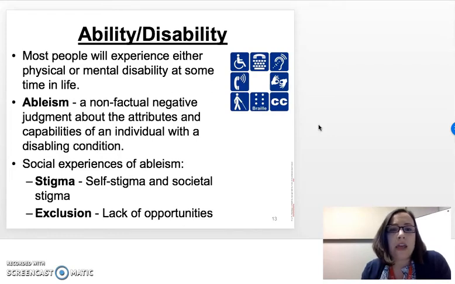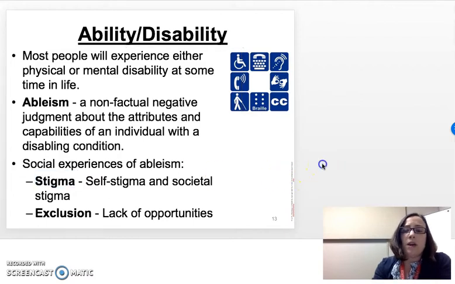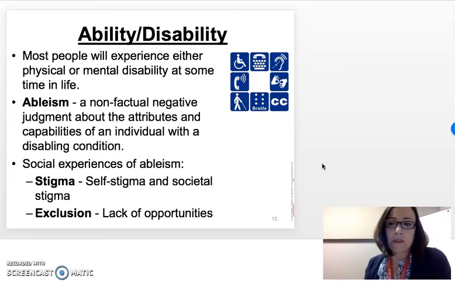Some of the common social experiences of ableism are things like stigma, right? People often find that there are certain biases or prejudices associated with ableism, right? Society might have certain kinds of stigmas or negative values or beliefs about folks with disabilities.